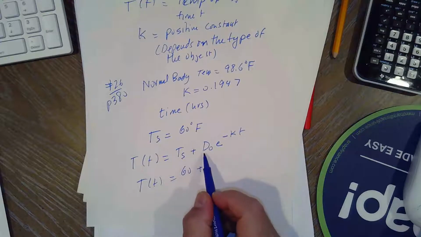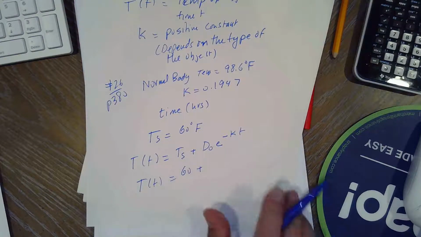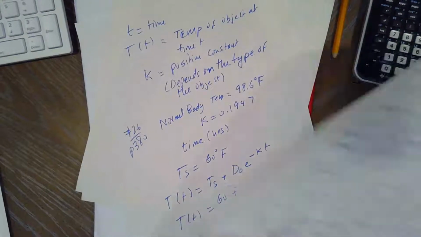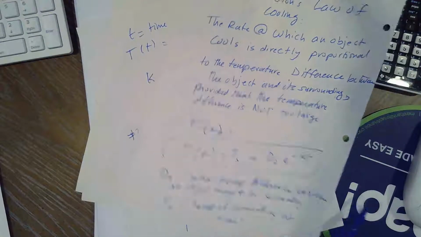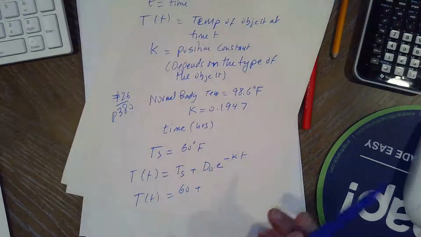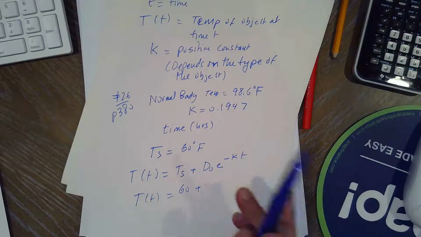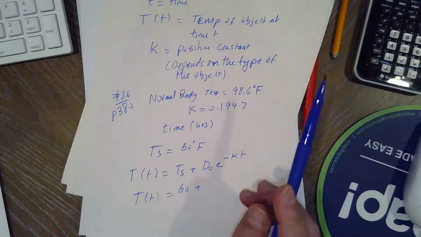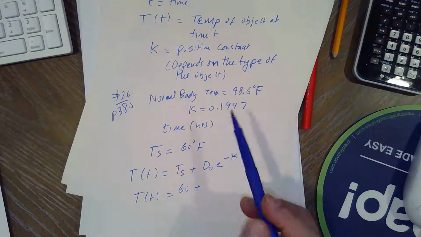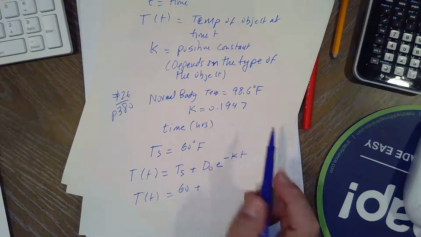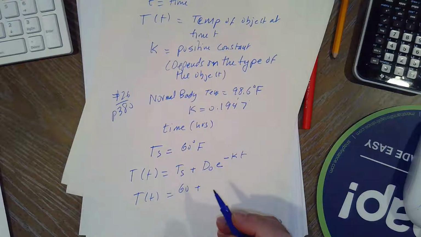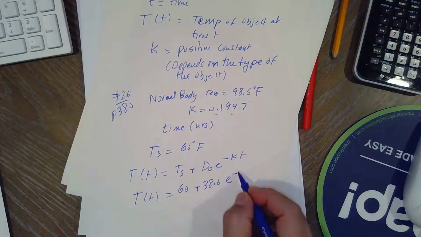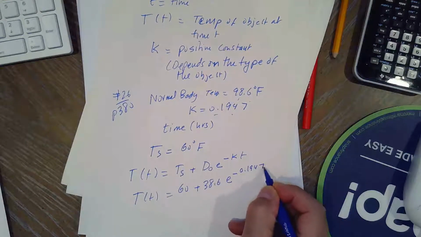Remember d sub 0, in case you forgot, is the initial temperature difference between the object temperature and its surrounding: 98.6 minus 60, which is 38.6 degrees, times e to the negative 0.1947t.